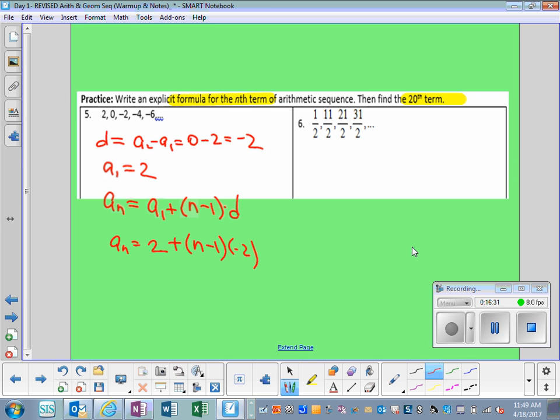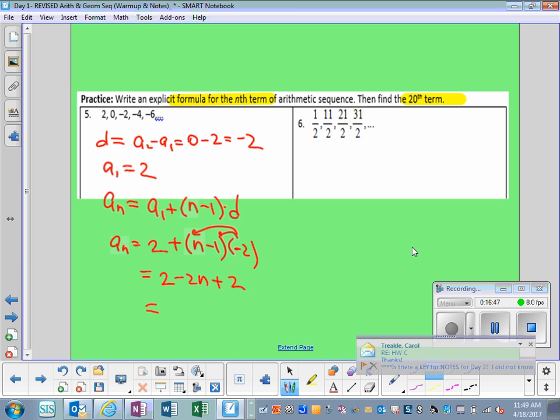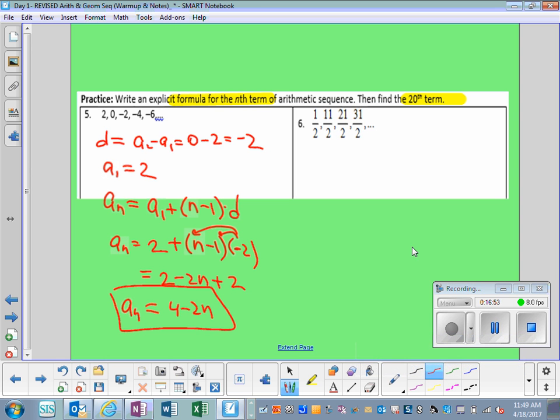N minus 1 times negative 2, I can distribute the negative 2. So it equals 2 minus 2n plus 2. Simplify a little more, there are some like terms. So 4 minus 2n.